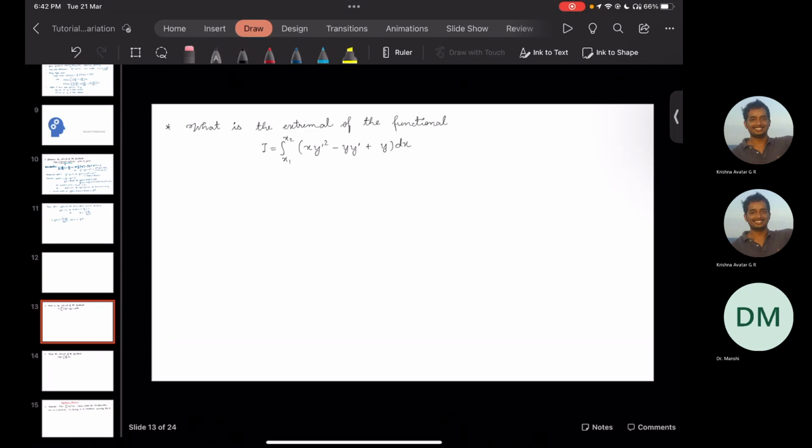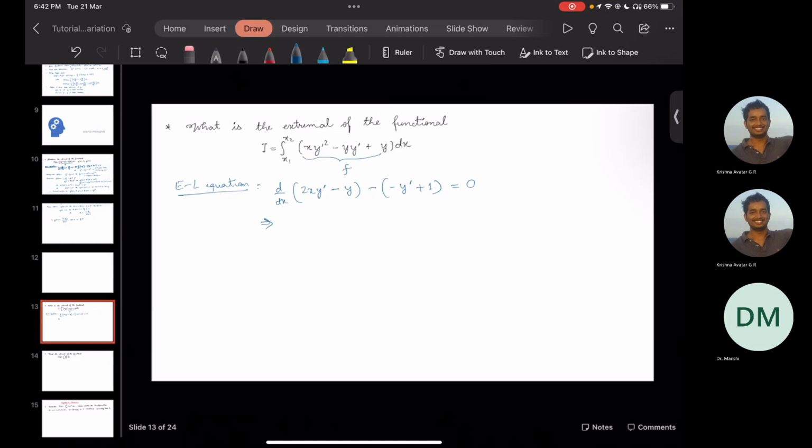As usual, this is the integrand function f, and the drill is to find the Euler-Lagrange equation, which is d by dx of partial f by partial y prime, which is 2x y prime minus y, minus the partial derivative of f with respect to y, which gives us minus y prime plus 1. This is equal to 0.